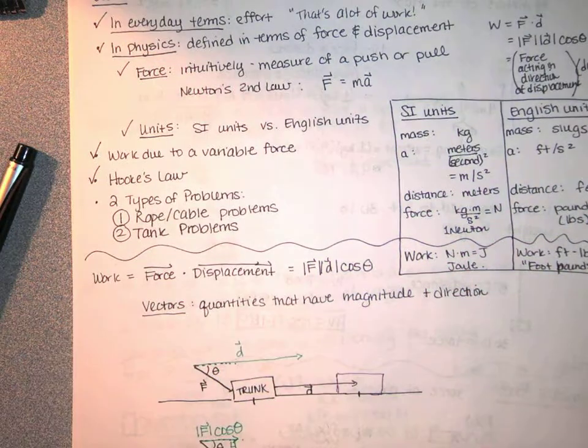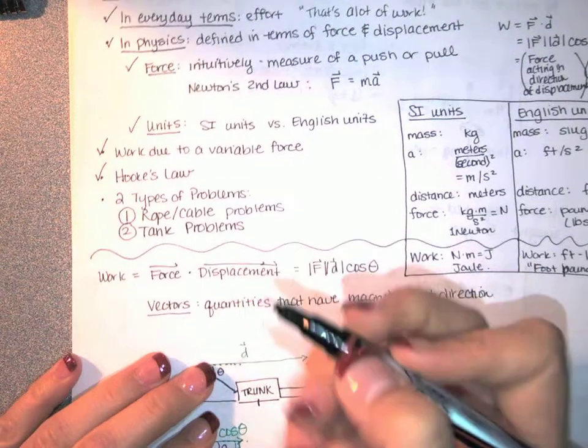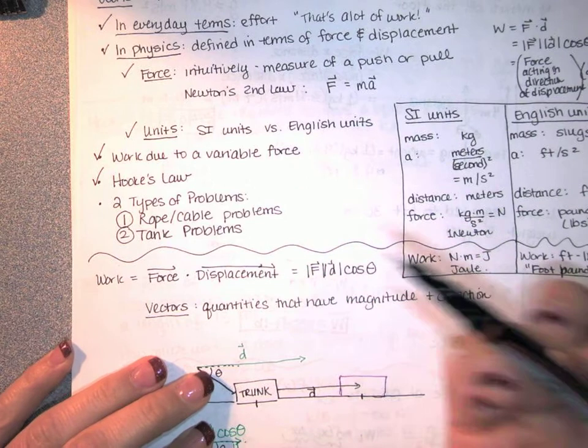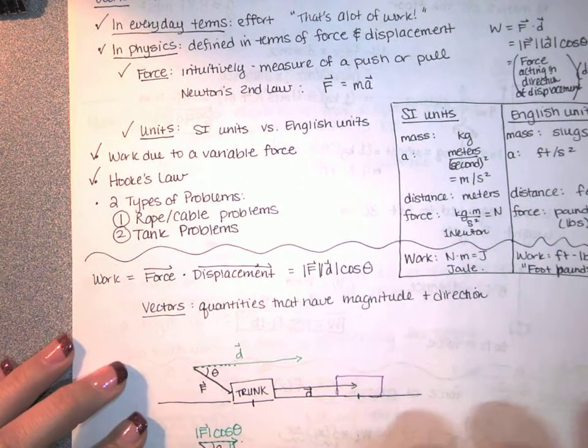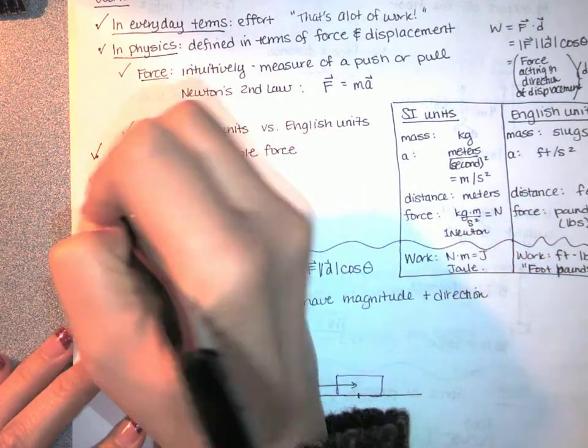Now, most of the problems that you will see both in your homework and on your tests and quizzes are not the types of problems that we just worked through. But they are problems that involve either a variable force or a variable distance that's acting on a part of an object.